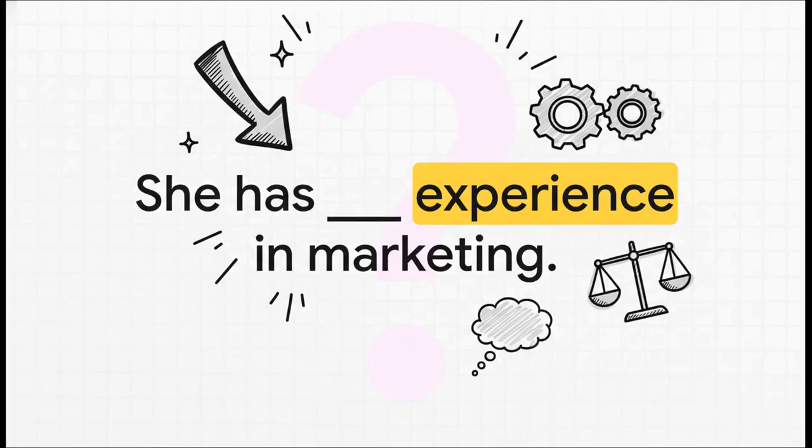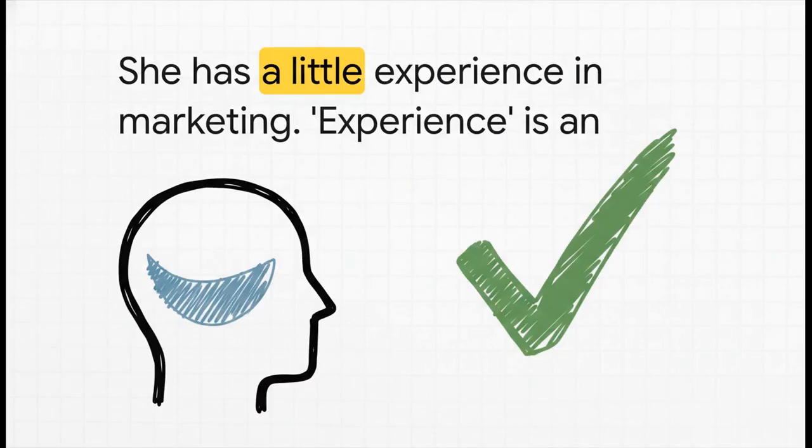Excellent. Okay, challenge number 2. She has blank experience in marketing. So what's the key noun this time? Experience. Is that something you can count up? That's right, it's a little. Experience is one of those uncountable concepts. You can have more of it or less of it, but you can't put a number on it. So for a small amount, we say a little experience. Great job.